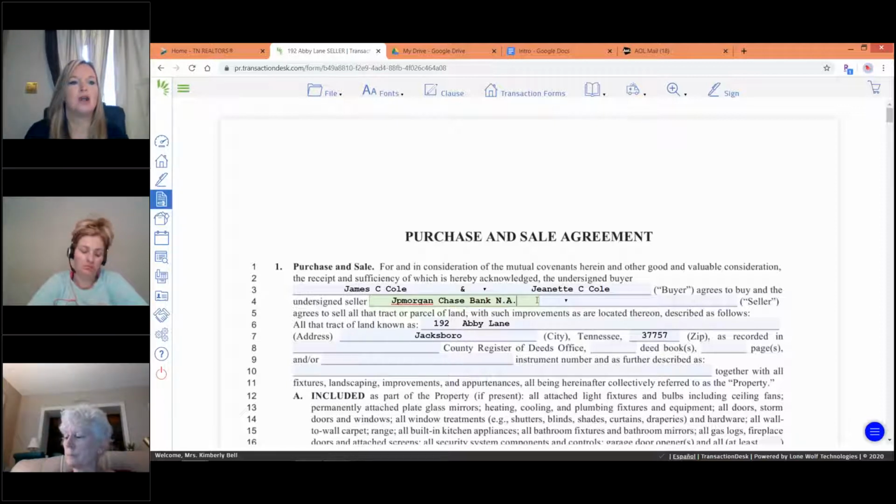Number 6 is all the tracts of land known as 192 Abbey Lane. And the address is in Jacksboro, Tennessee. Now, what is important about that is that sometimes, I think there was something in Roane County this last week that I was looking at, and it was 143 Spinster Avenue.